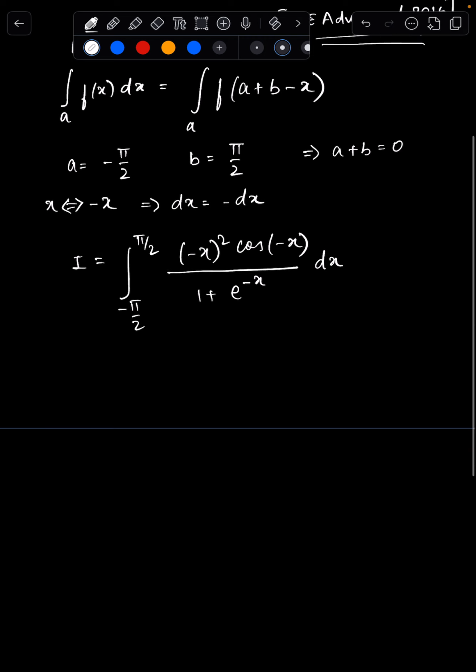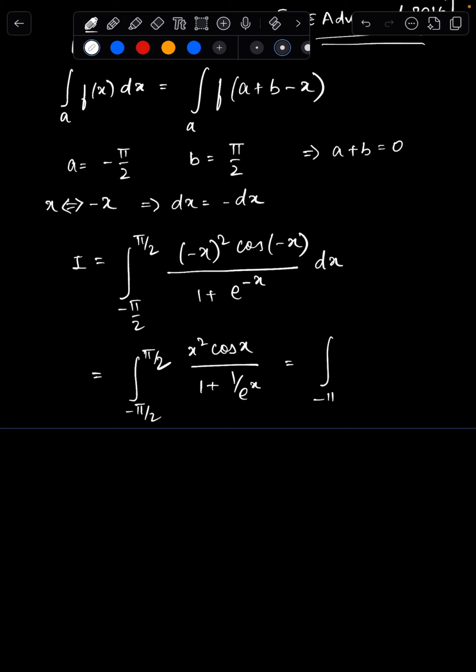So this simplifies to I is equal to integral from minus pi by 2 to pi by 2 of x square cos x by 1 plus 1 by e power x. This again I can rewrite as integral from minus pi by 2 to pi by 2 of x square cos x e power x by 1 plus e power x dx.